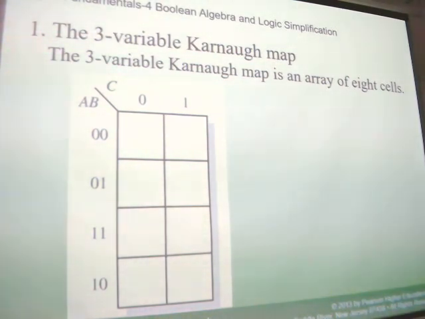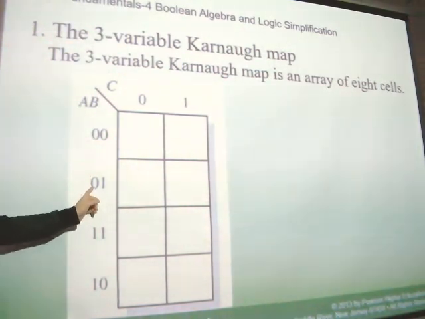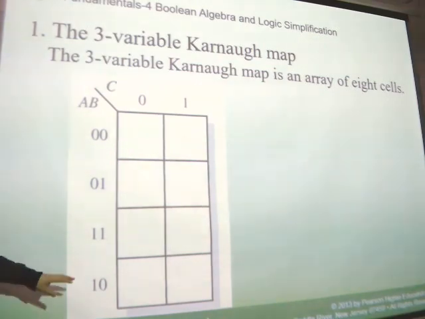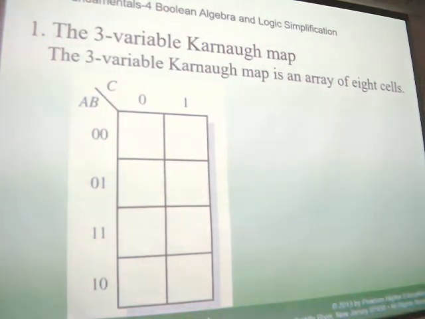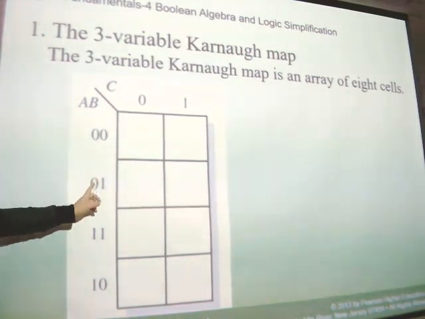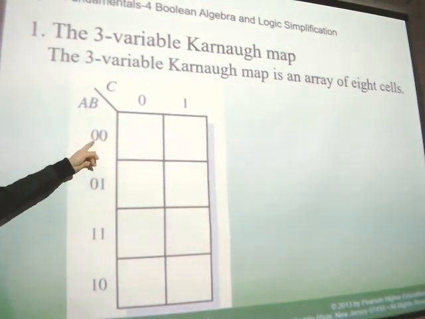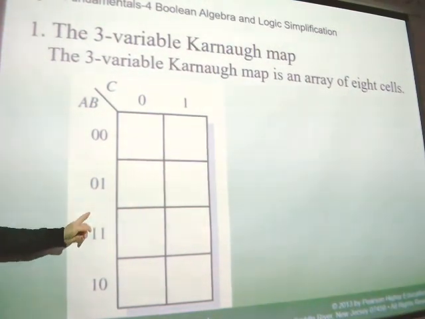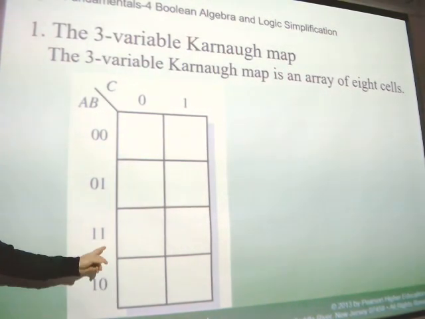We have A, B, C, but we must remember that the order of the values is 00, 01, 11, then 10, because we must make sure that each pair of adjacent cells has only one bit difference.